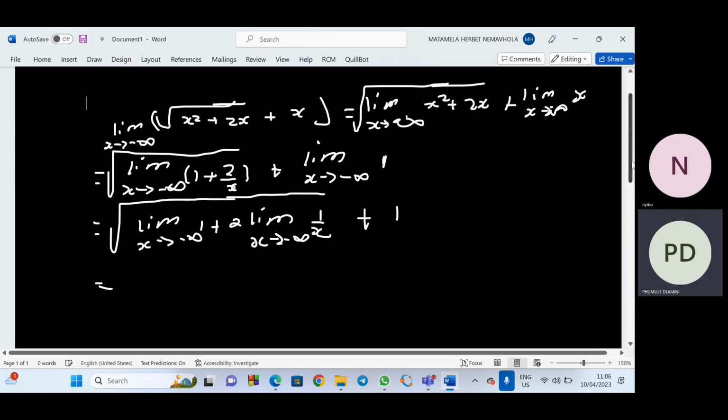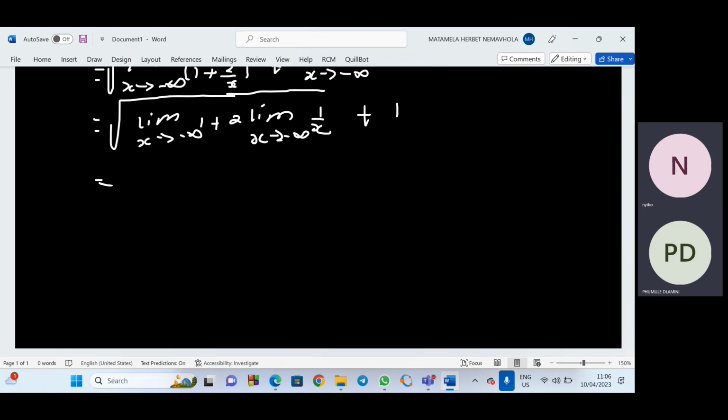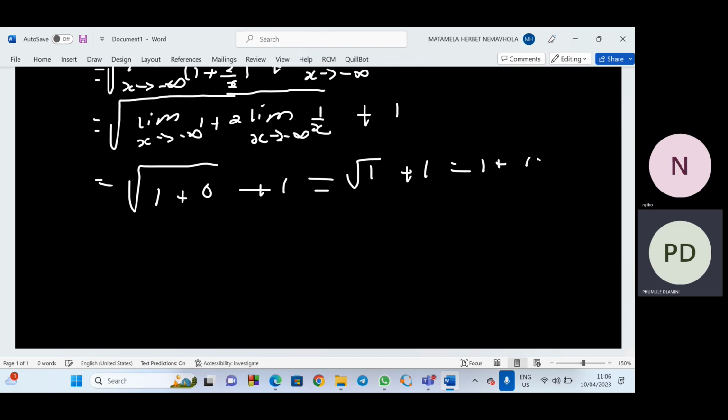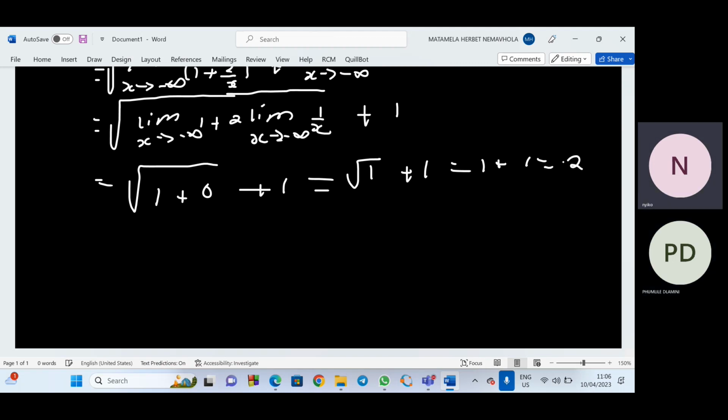We know that 1 over x is 0. Then 2 times 0 is 0, plus 1. Then we're left with square root of 1 plus 1, the answer is 2.